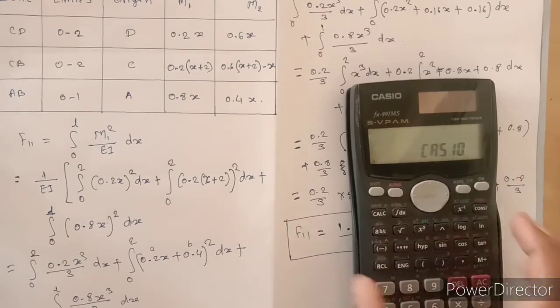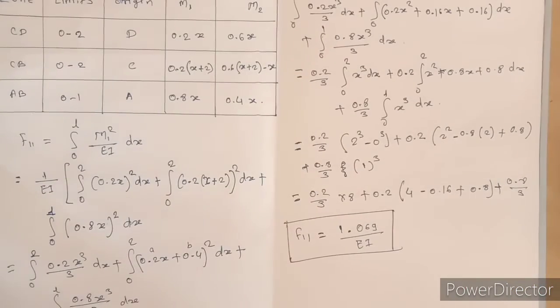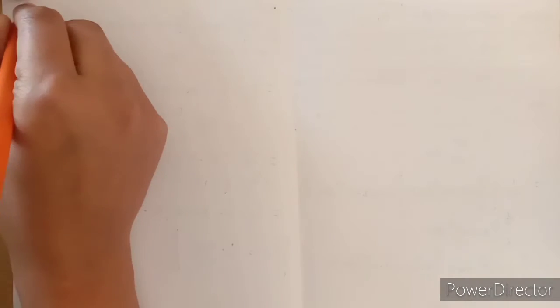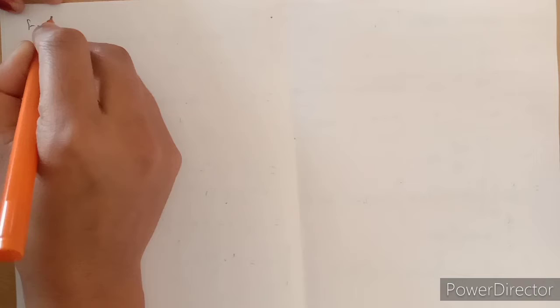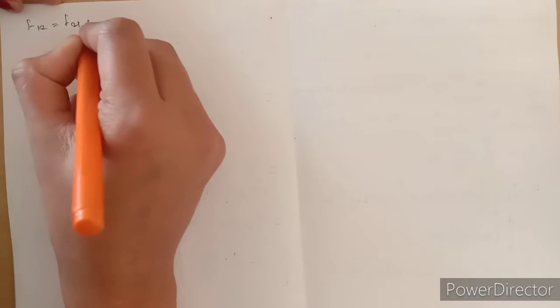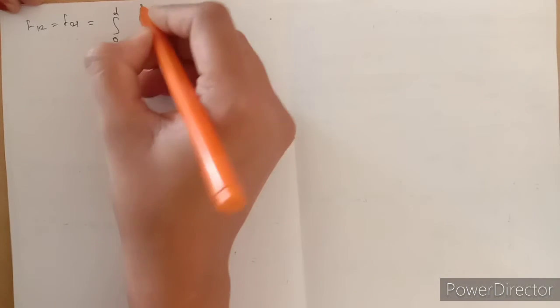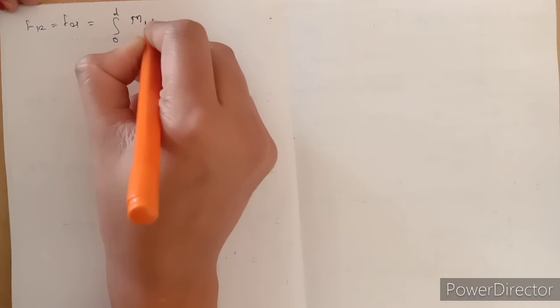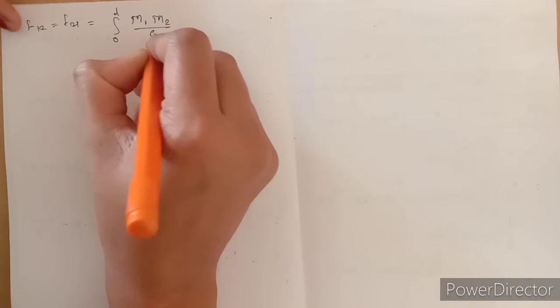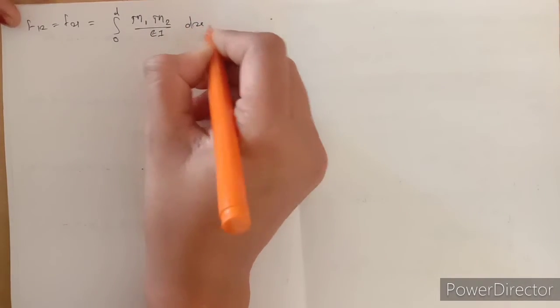Then the next step is to find out the f suffix 12 and f suffix 21 values. So the formula is integration, put limit 0 to L, m1 multiplied by m2 divided by EI into dx.